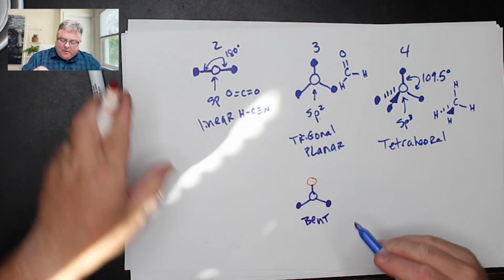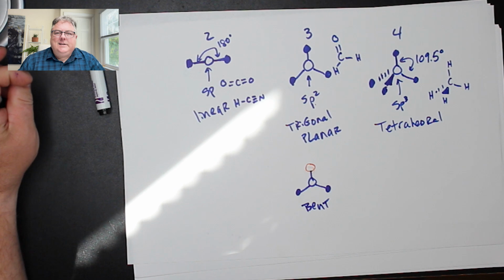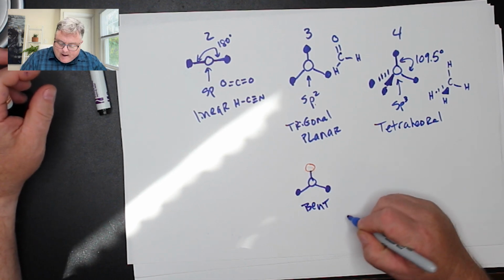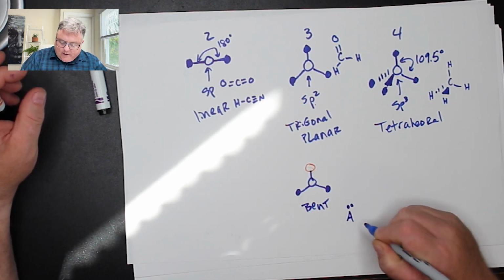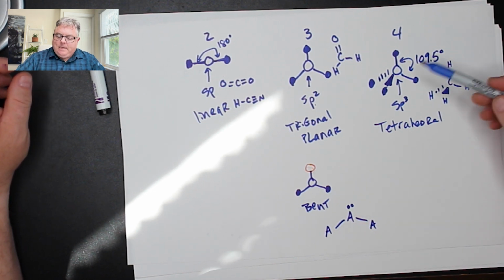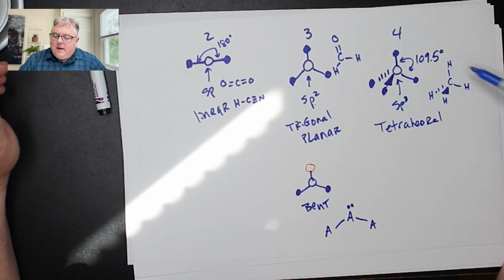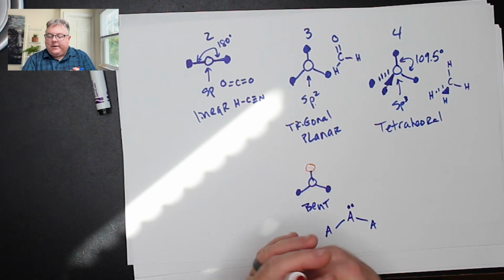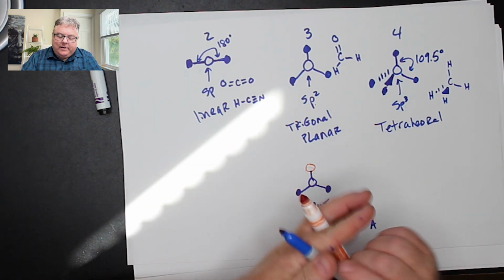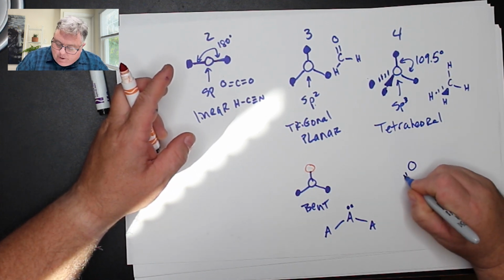An example of this might be something like SO2, some atom with a lone pair of electrons and some other atoms attached. Not very common in organic chemistry, probably. Now for a tetrahedral like this, what if instead of all four of these being hard atoms, three of them were?